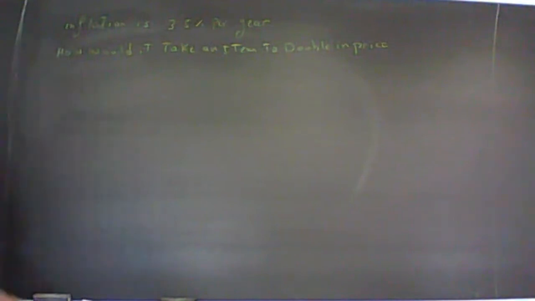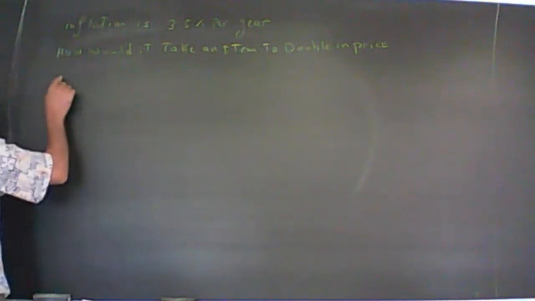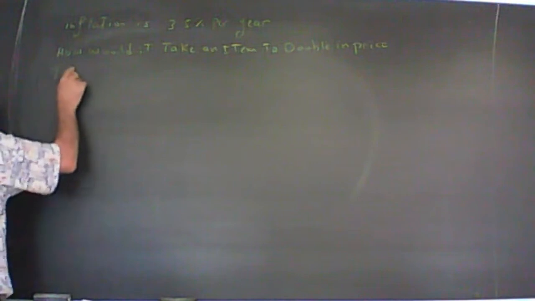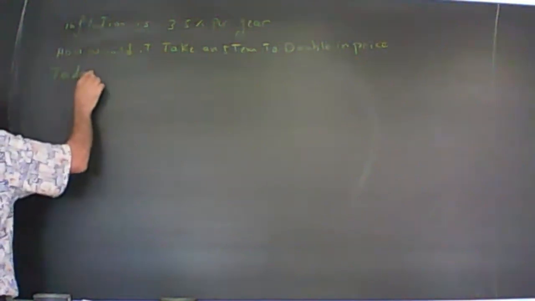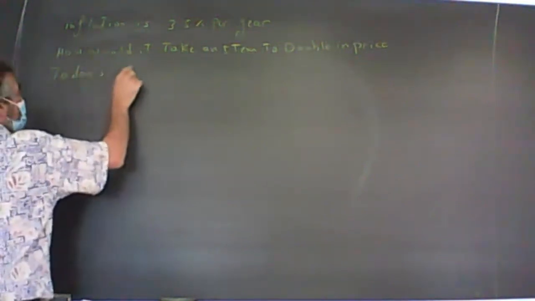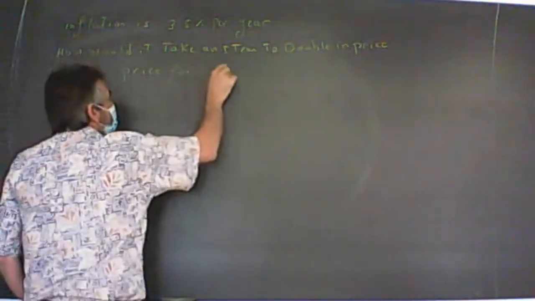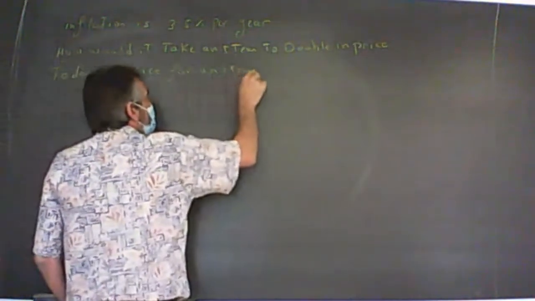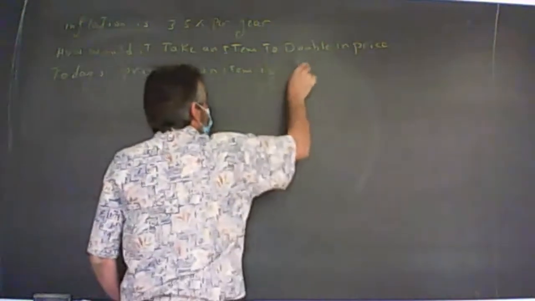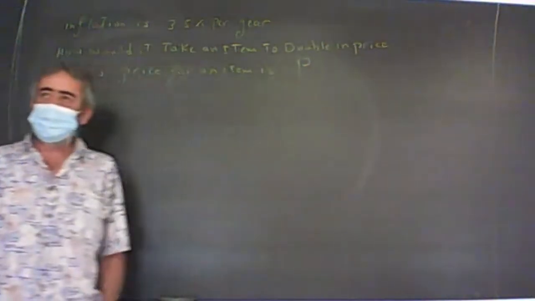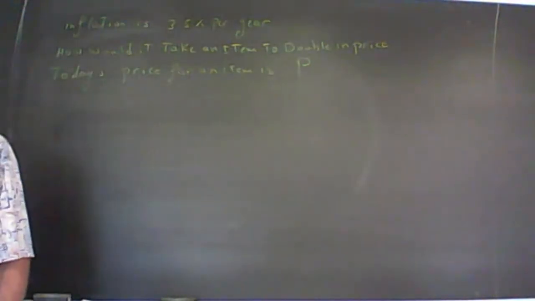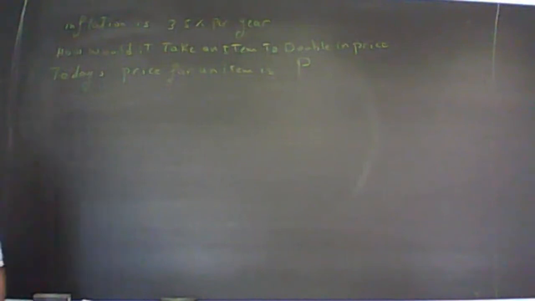So if today's price for an item is, let's call that P. For any item, it has a price P value, correct?